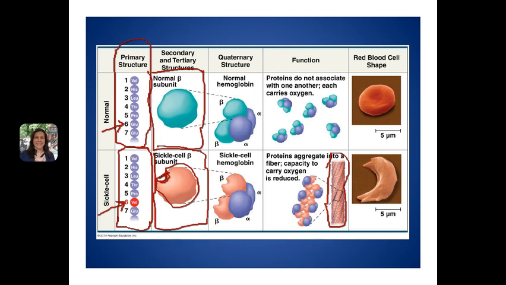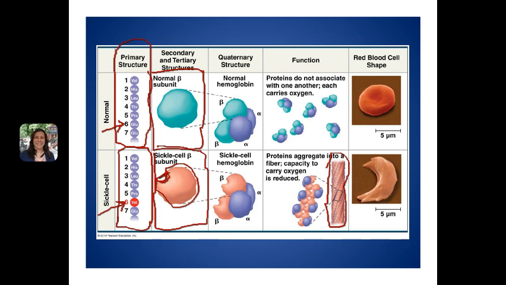This has several consequences. One is that the protein is much less efficient at carrying oxygen and carbon dioxide than the regular version. And two is that it physically pulls the red blood cell out of its normal shape. This is what causes the sickle cell shape in persons affected with sickle cell anemia.